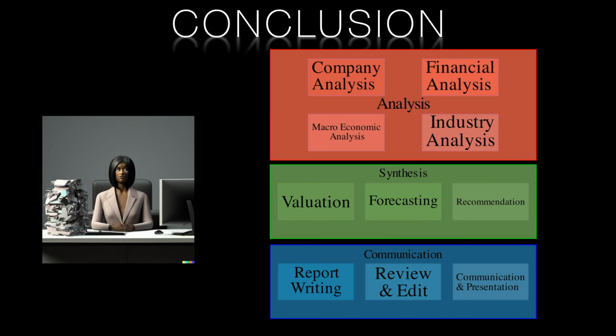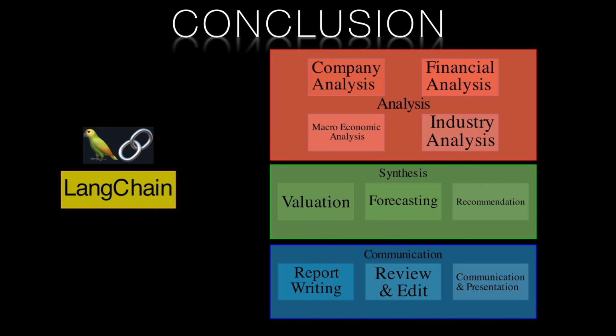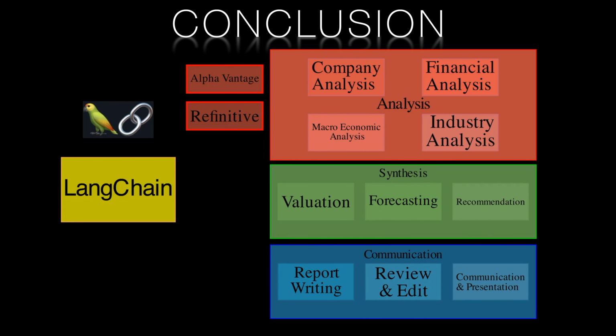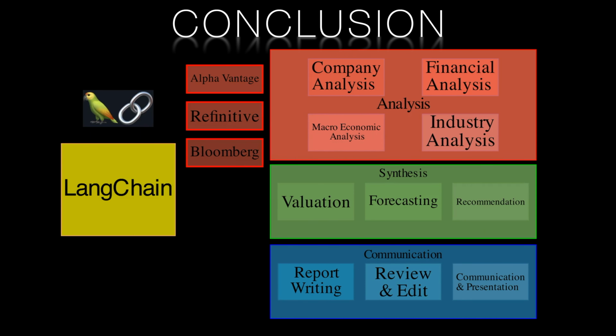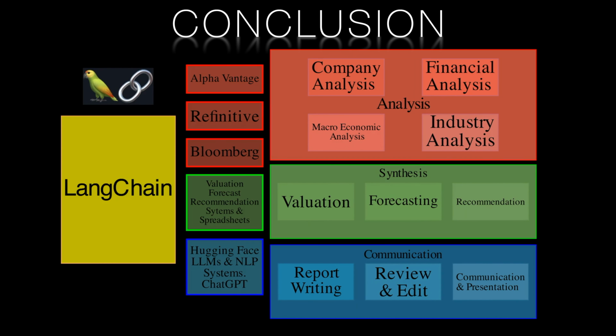This groundbreaking technology allows us to swiftly analyze vast amounts of data, providing insights and producing high-quality reports in a fraction of the time it would take a human analyst. But it's important to remember that LangChain is not designed to replace humans, but to augment their capabilities, helping them make better informed decisions and ultimately add more value to their work.